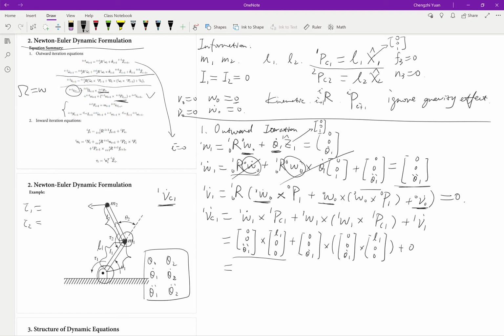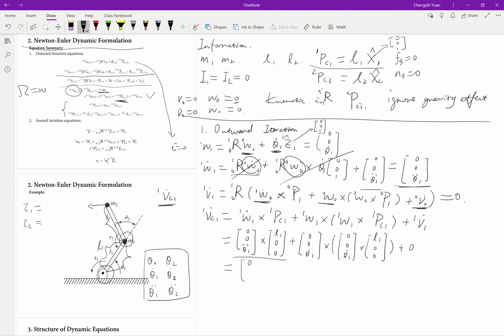For this cross product, if you still remember the formula, the first element over here will be, we ignore the first row and then do the cross products, equal to 0. The second element here will be, ignore the second row, do the cross products, and then take the negative.